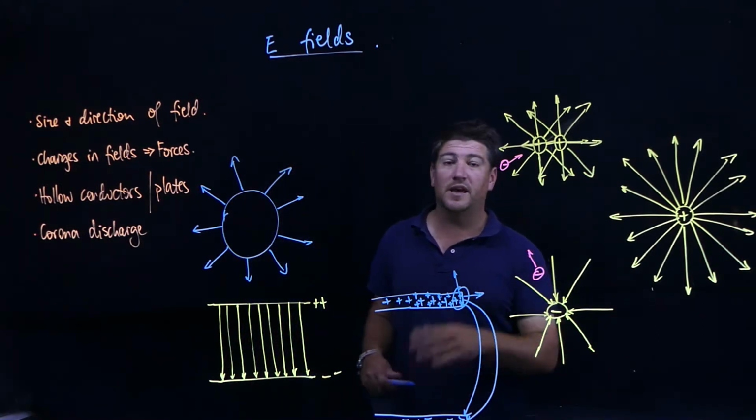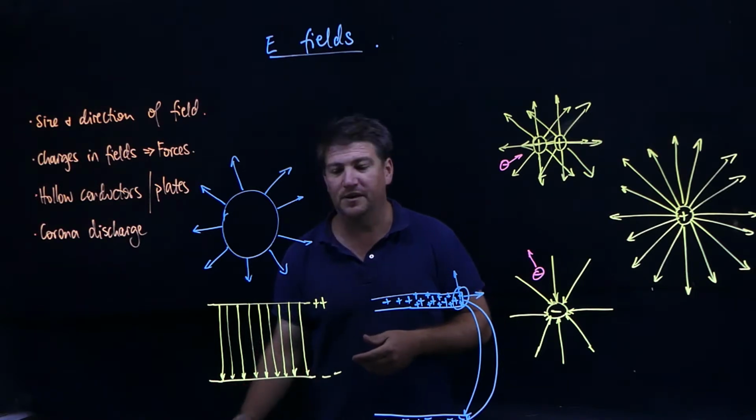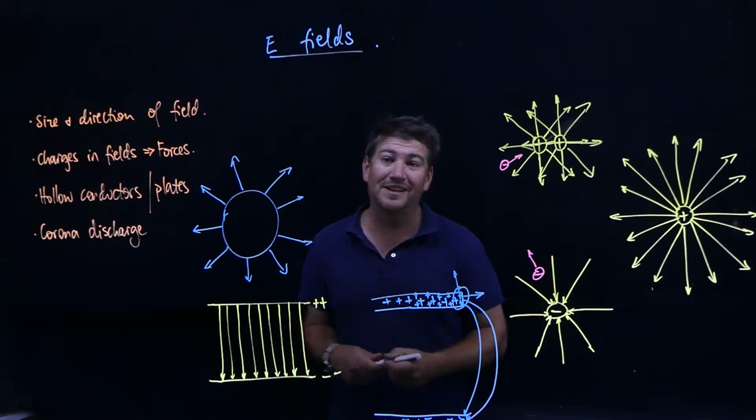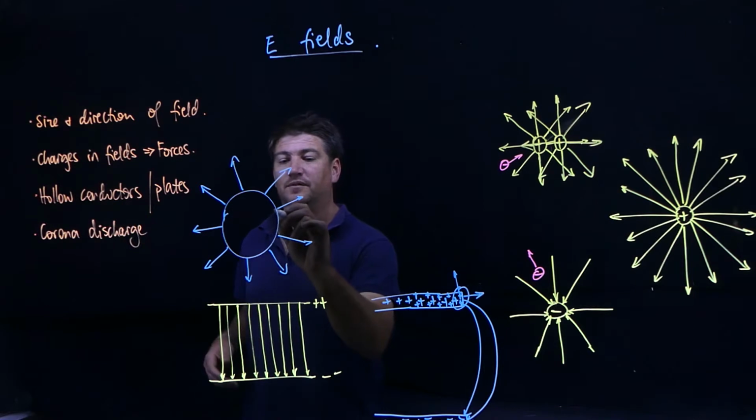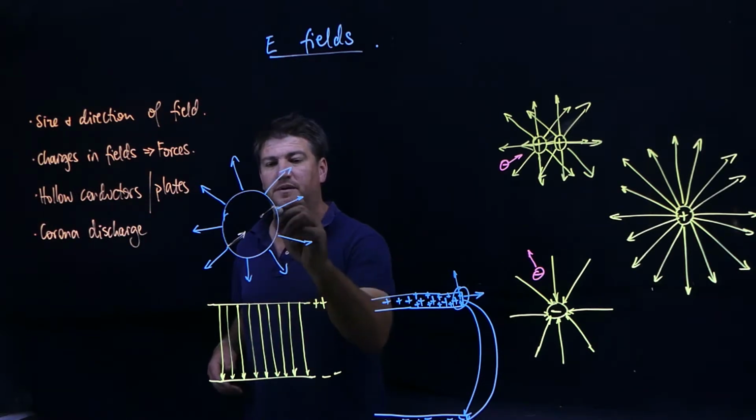So we have the outer surface has field lines coming out of it, but the inner surface also has field lines coming out of it. It just so happens that the inner surface field lines, so let's do like that field line and that field line. Wow, that's terrible. I need to chuck this one.